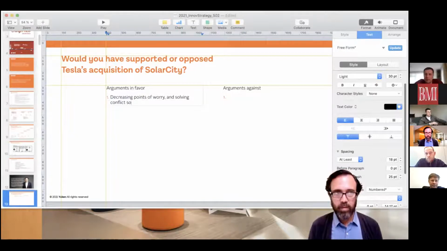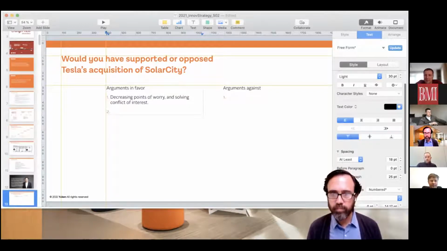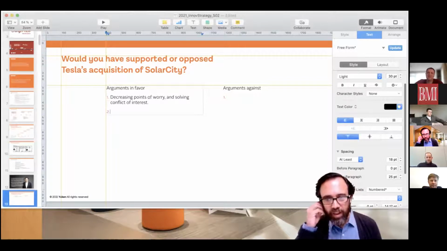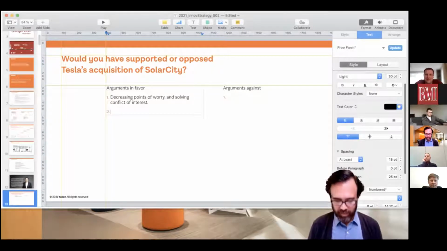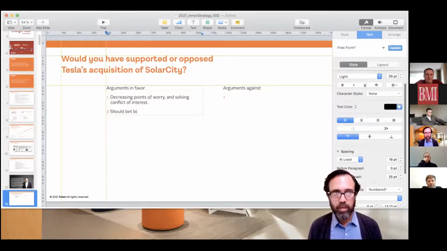In our team, we discussed that Elon Musk should go big or die. So that was the decision. We discussed that Elon Musk should bet big, to buy the best company with a large market share, and that's what he did.